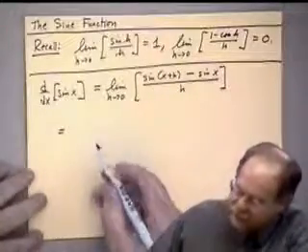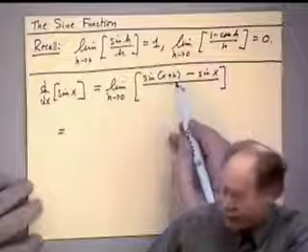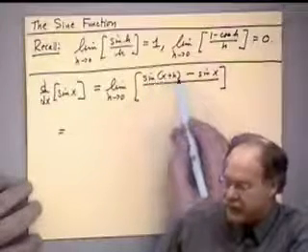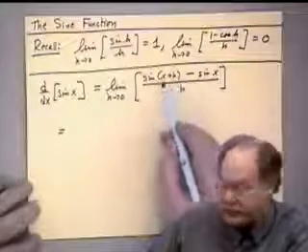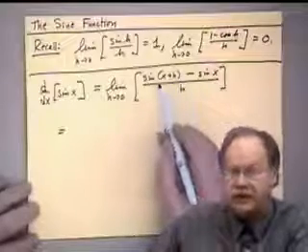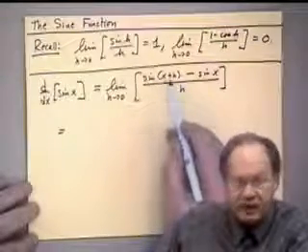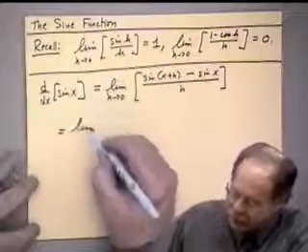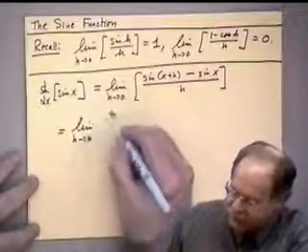Now, drawing upon something that you may or may not remember from trigonometry, which is okay, there is an addition rule for the sine, which allows us to break up the sine of x plus h into the sine of x, sine of h, and so on. It turns out to be this. The limit as h goes to 0.